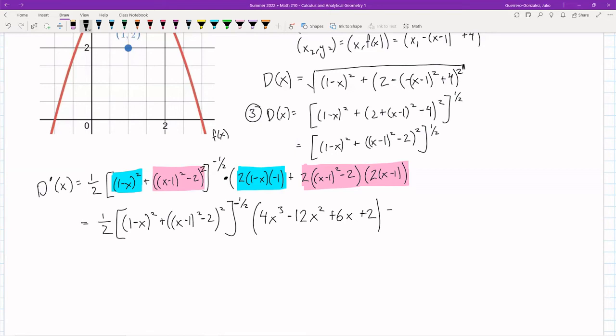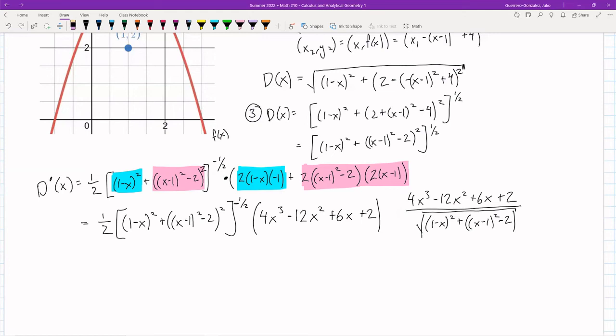So I'm going to rewrite this to make it look nice and neat. 4x cubed minus 12x squared plus 6x minus 2, all over, and I should put that times 1/2 up front, all over the square root of 1 minus x squared plus x minus 1 squared minus 2.